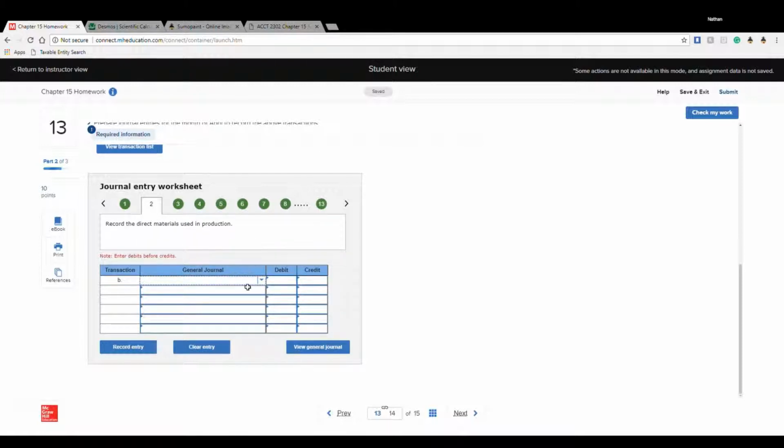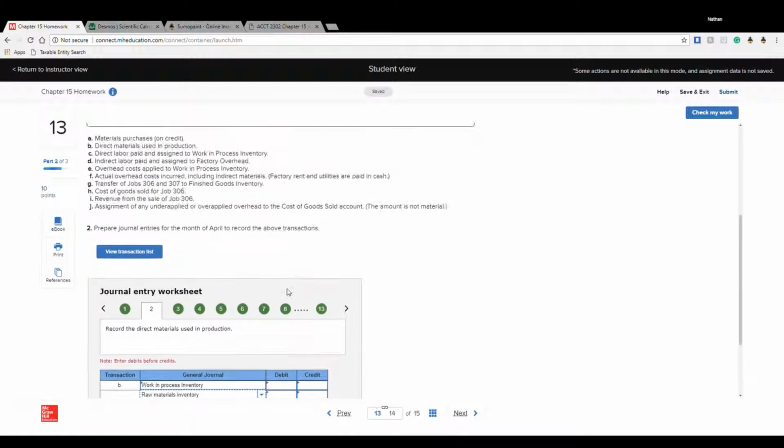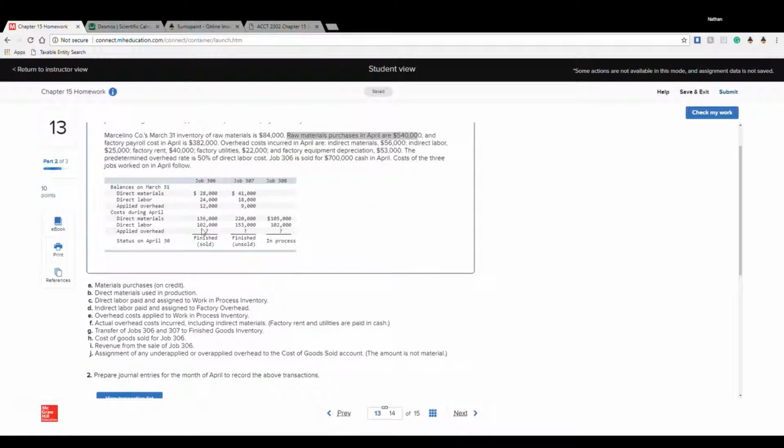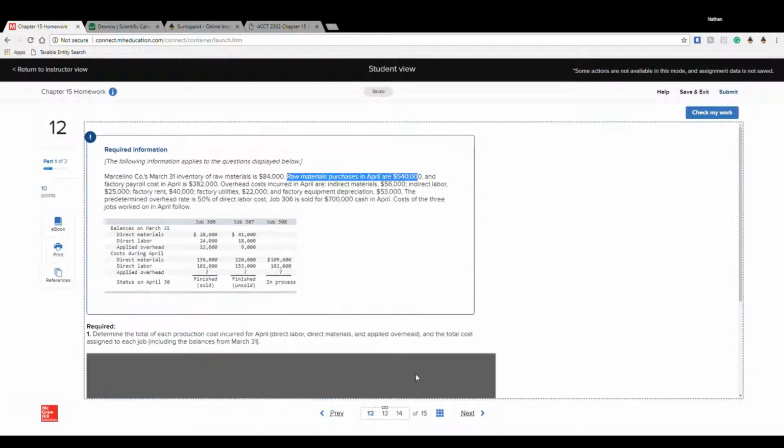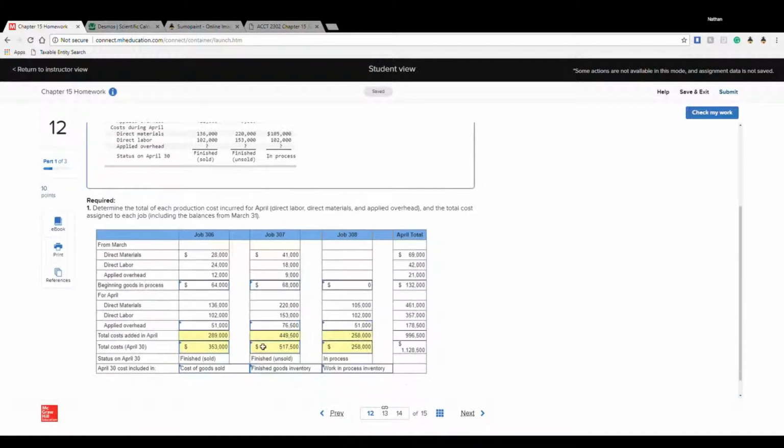direct materials. As we know already, direct materials is going to be work in process. Always goes to work in process. And since it's coming out of raw materials, thing is we don't know the number. Now, we can do it two ways. We can either basically add these all up, or since it's already been done in question 12, we can do it on question 12.